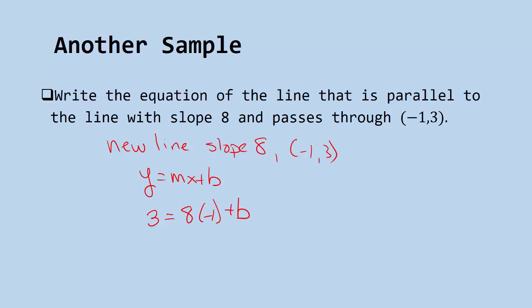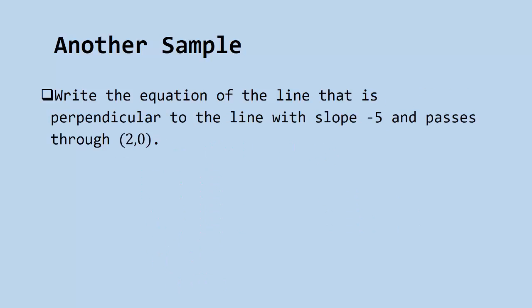So doing the arithmetic, 3 is equal to negative 8 plus b. Add 8 to both sides, and b is equal to 11. So now I have my equation. y equals, my m is 8, x plus 11, which is my y-intercept. Let's do one more sample.